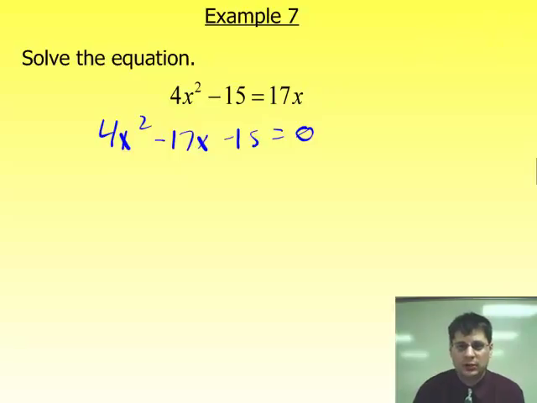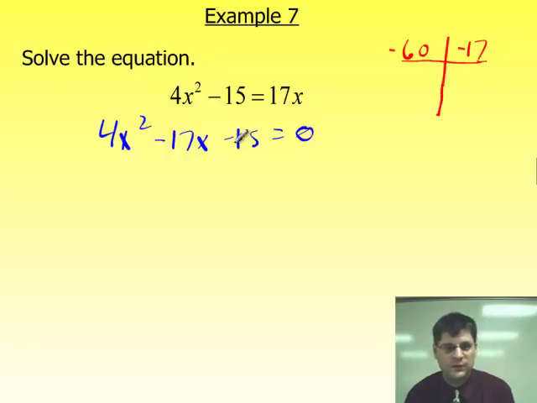So I will be looking for factors of negative 60 that will add to negative 17. Okay, so the sign in front of the negative 15 tells me the signs are opposite. One's positive, one's negative. And the sign in front of the negative 17 tells me the negative number is the larger one, so to speak.